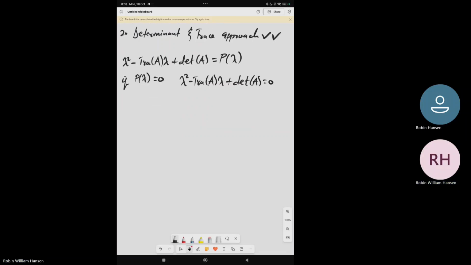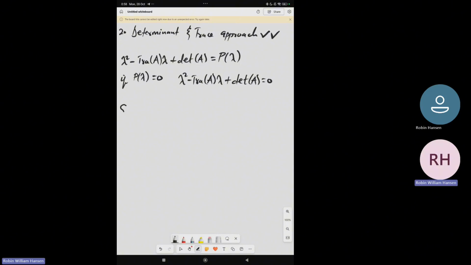Now, since you're using the determinant and trace approach, it implies that we're going to conclude on the behavior of our system using the determinant and the trace. Now, these are the following. If the determinant is less than 0, we have a saddle.